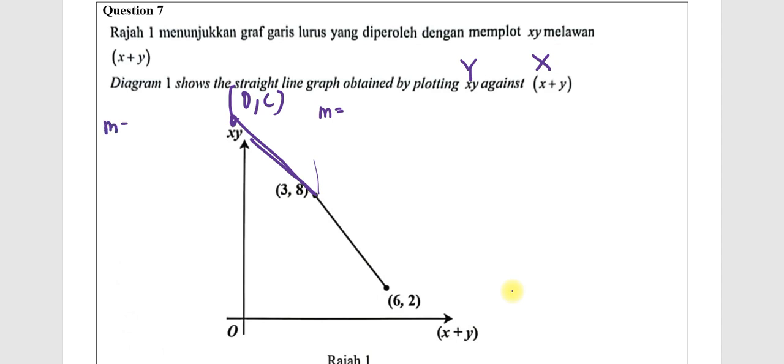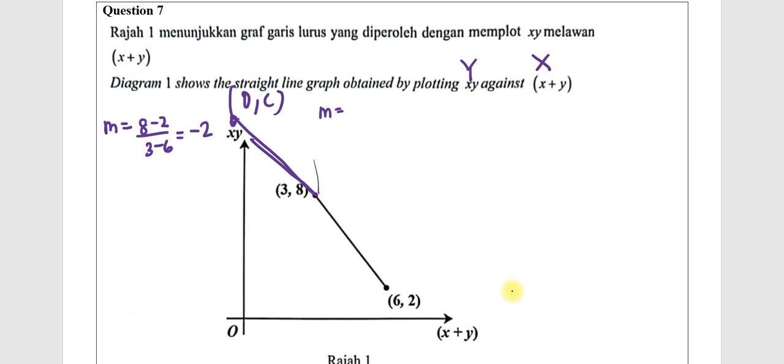I find here. Gradient is equals to 8 minus 2 over 3 minus 6. So definitely negative gradient. 8 minus 2 is 6 divided by negative 3 is negative 2. Correct? 6 divided by negative 3. Yeah. So you get negative 2.